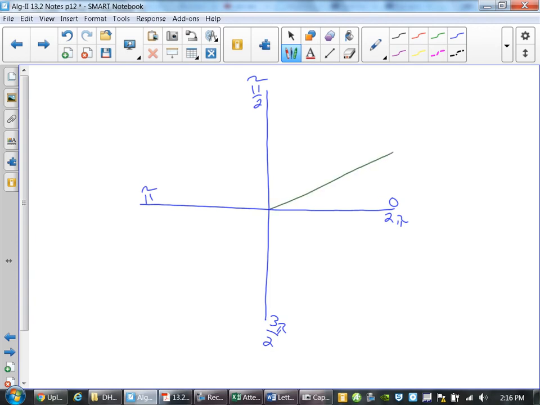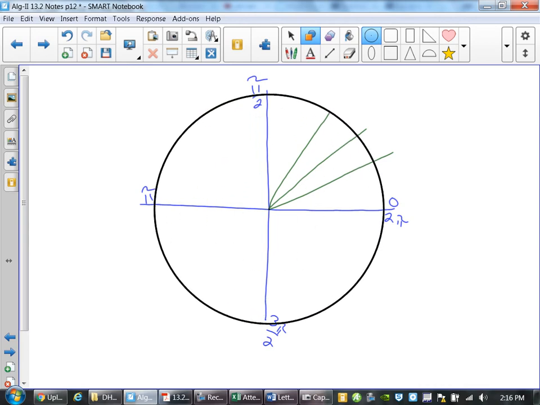You need a space on your paper, probably about a 4x4 square, so we have a little bit of room. It would be 1 by 1 if you're going with a 4x4 square. There's 4 quadrants. So what we're going to do is create angle measures for a unit circle.